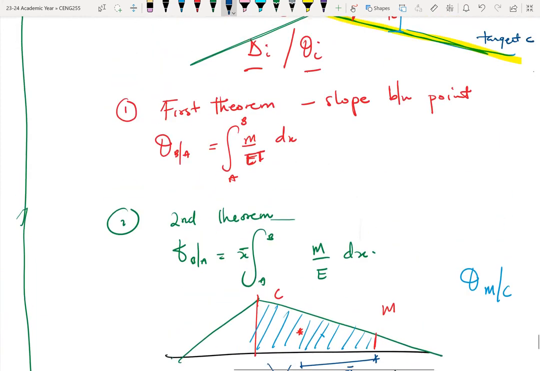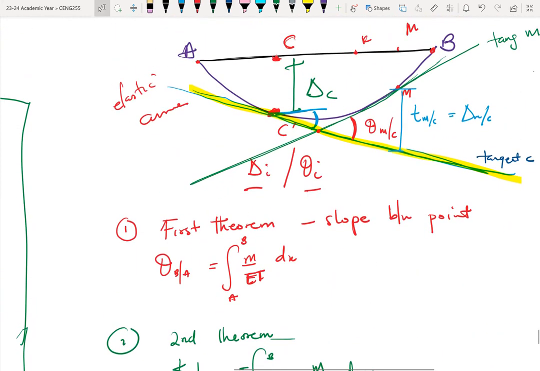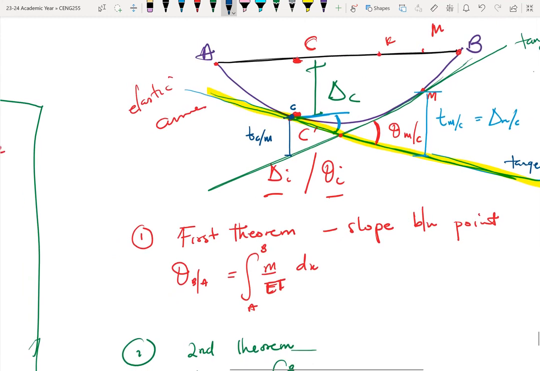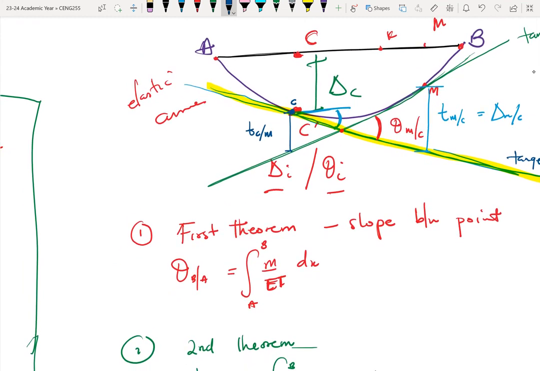In the same way, we can also look at point C on the elastic curve, which is right here. Point C on the elastic curve, its vertical deviation with respect to the tangent drawn from M, this vertical deviation here is TCM, or delta CM.